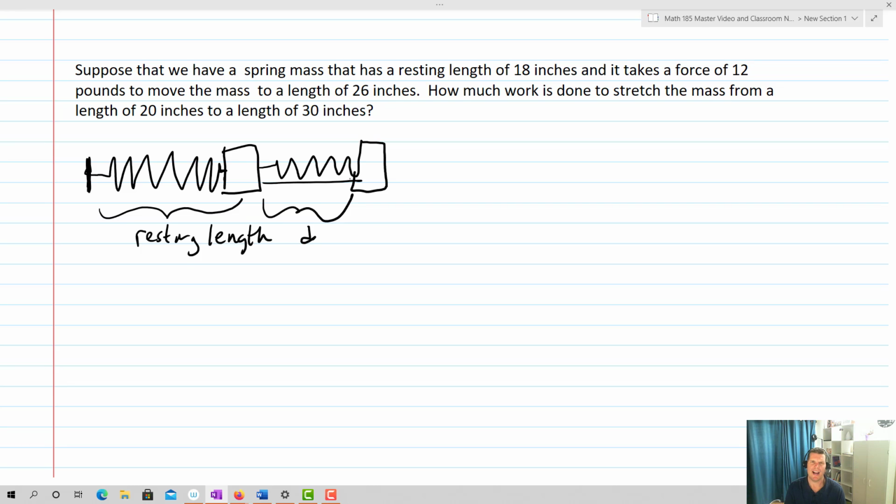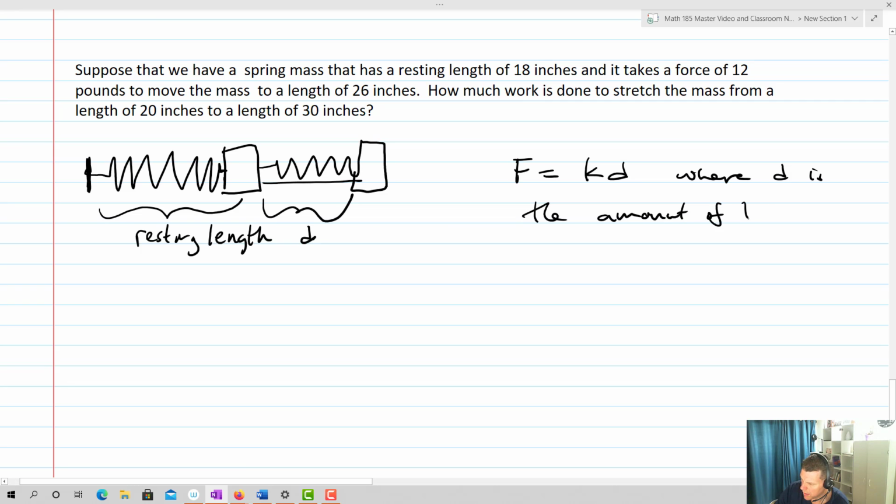So that force is going to equal K times D, where D is the amount of displacement and K is some constant. The constant is going to depend upon how tight the spring is. The tighter the spring is, the more force that's needed in order to pull the spring out, to displace the spring.